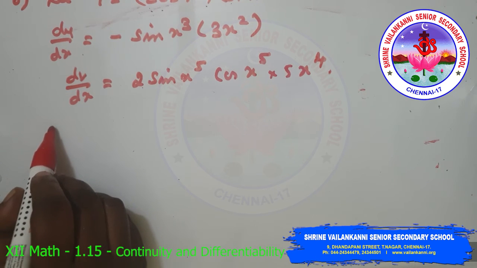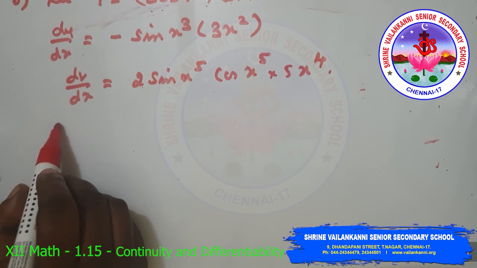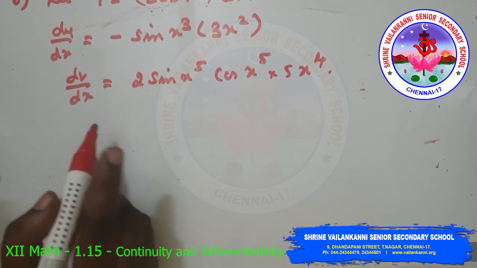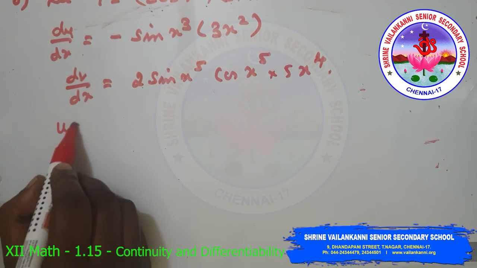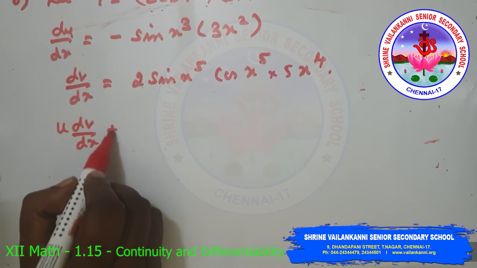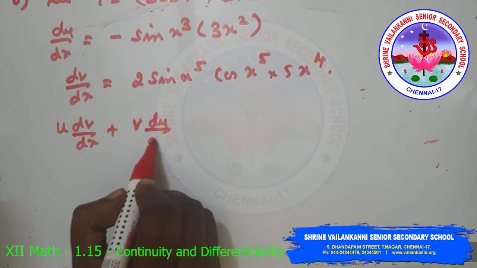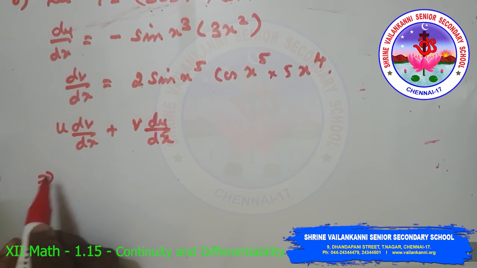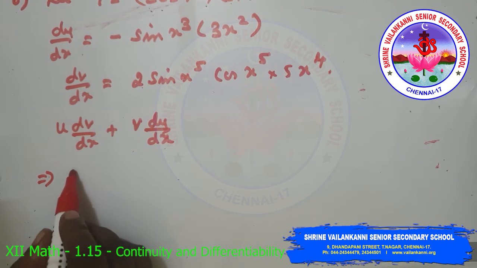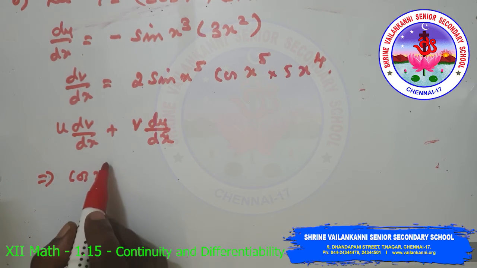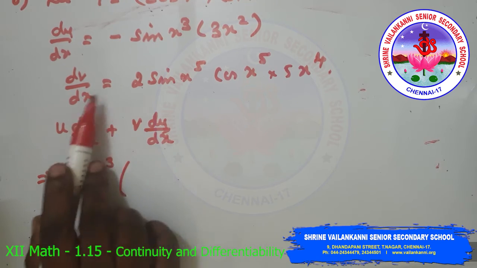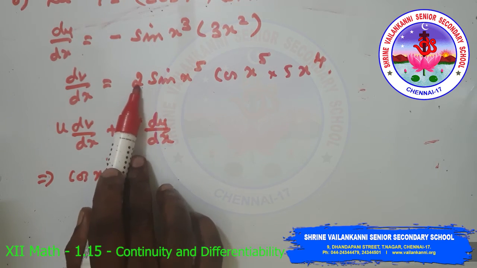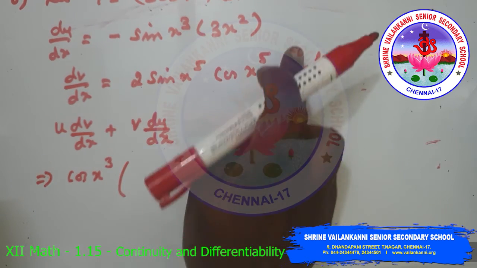So using the product rule, u into v dash plus v into u dash. So u into dv by dx plus v into du by dx, which is equal to u is cos x power 3 into dv by dx is, so we can write this as 5 into 2, 10 x power 4.